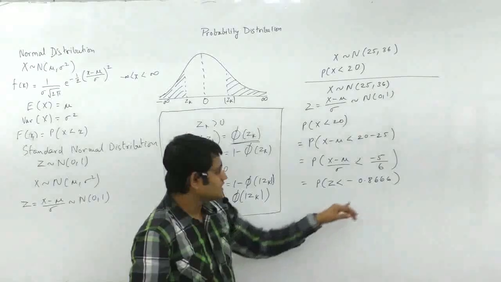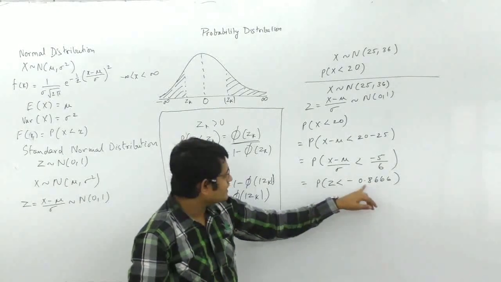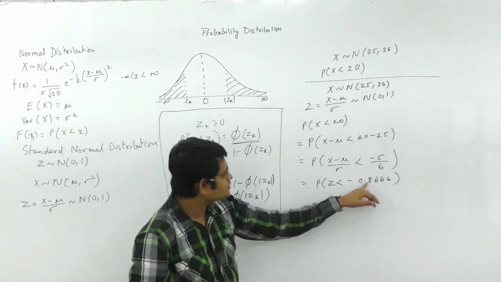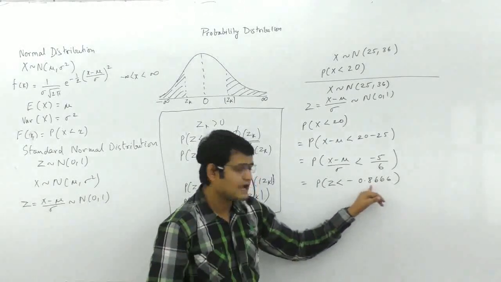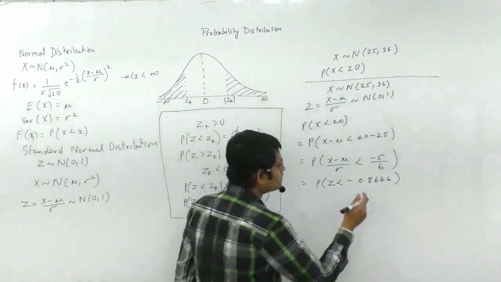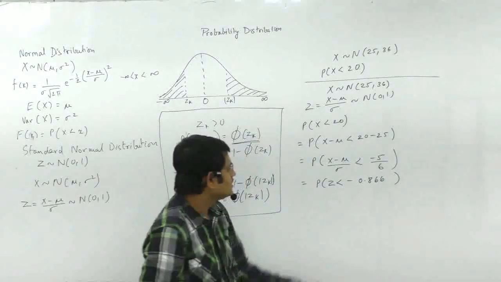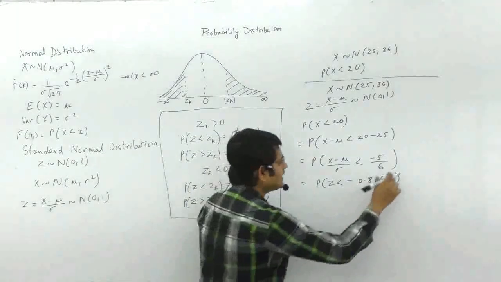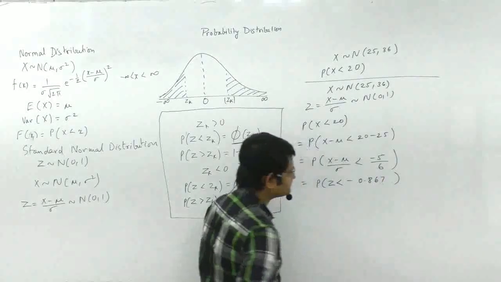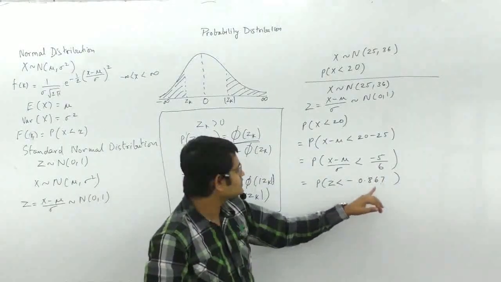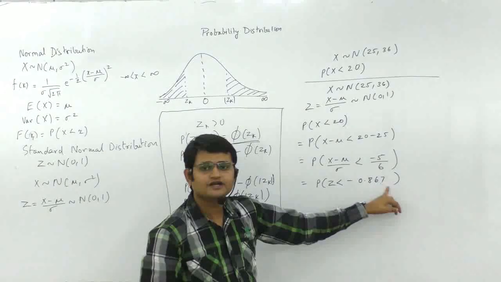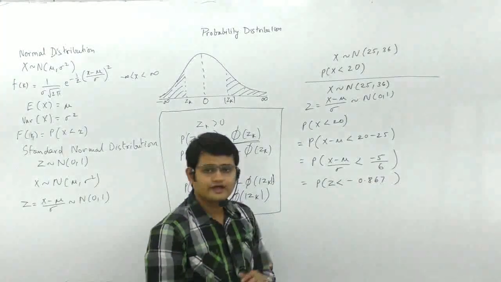Now in our table book you will find that they have just given us 0.86 and 0.87. They have not given us anything more than that. So let's take 0.867, because they have given us only 2 decimal digits, so we can take 3 decimals and then find the value.